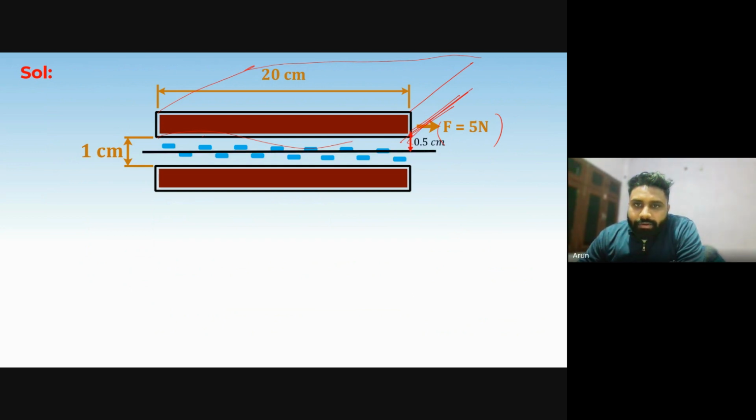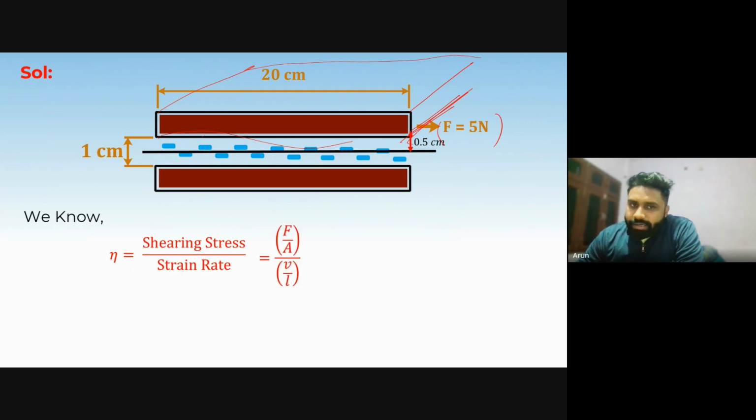Because of that, we are able to find out the shearing stress by shearing strain, which is the formula of coefficient of viscosity. Shear stress is F by A, and strain is V by L. L we will take, that is given to us.